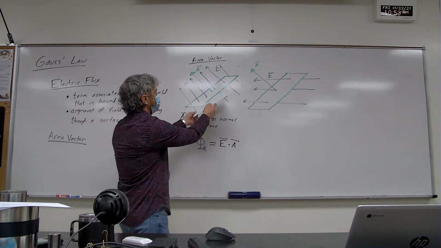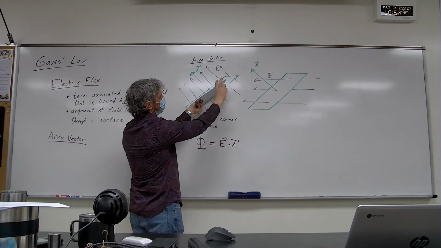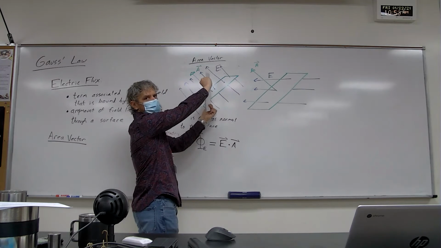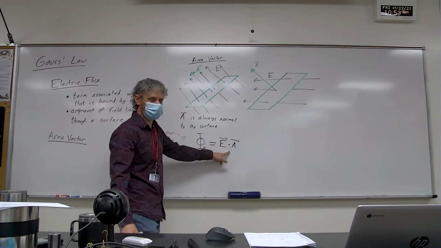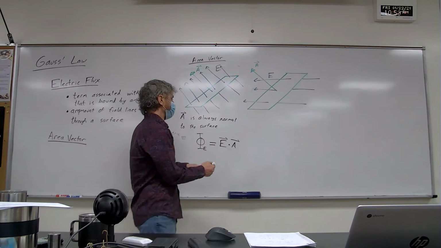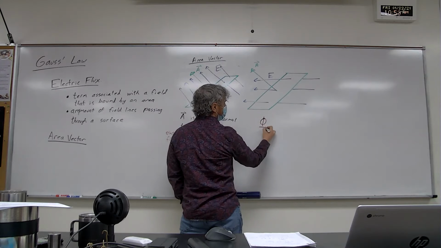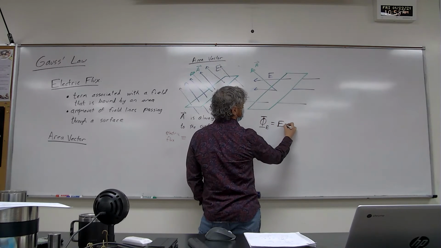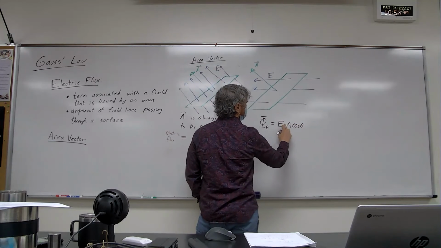And I feel like if you took it this way, if this is our area, and I have the electric field lines going through, and I start rotating it like this or like this, I get less electric field lines through it, right? And so I can describe that relationship by, that's why we have the dot product. It's not simply the product, it's the dot product. If I wanted to calculate the electric flux, it would be the electric field times the area times the cosine of the angle between them.